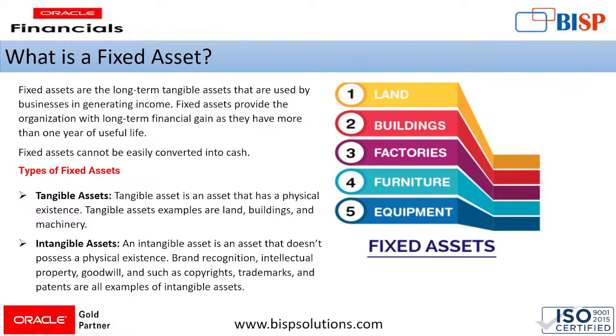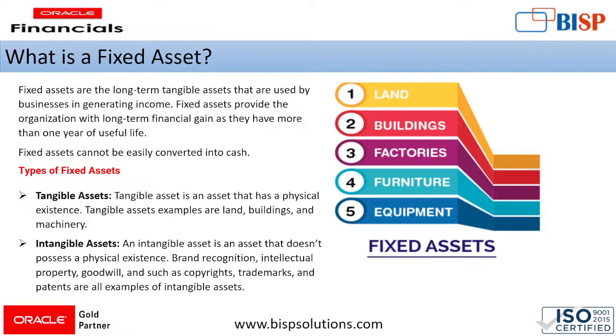There are two types of fixed assets. One is tangible assets. So what are tangible assets all about? A tangible asset is an asset that has a physical existence, such as building, machinery, and some examples of fixed assets.